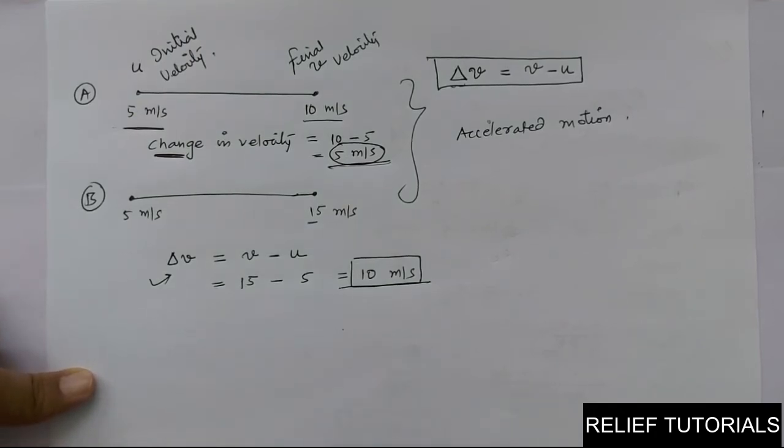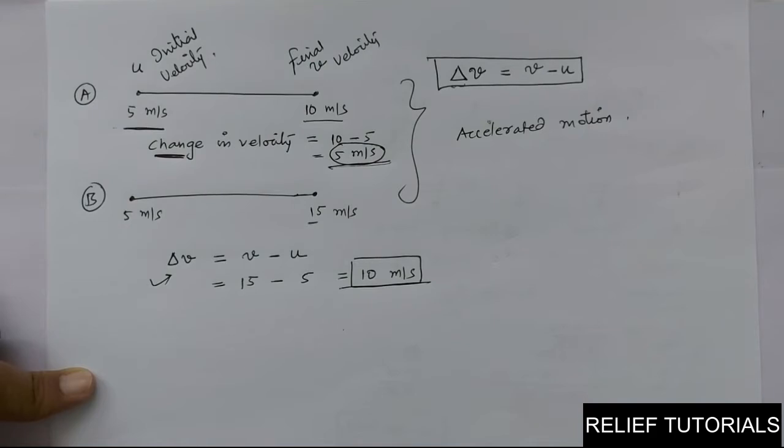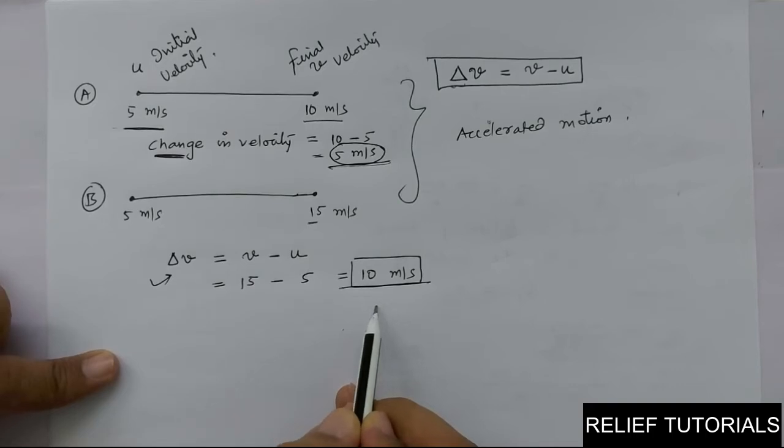To understand in which case the change is faster, we need to know in what time this change has taken place. One thing is sure: here the change is 5 and here the change is 10. That is true.